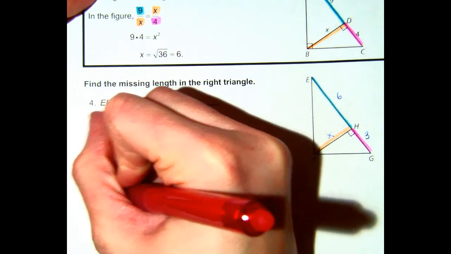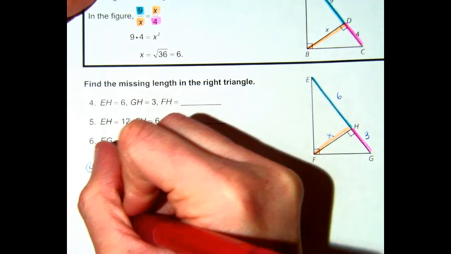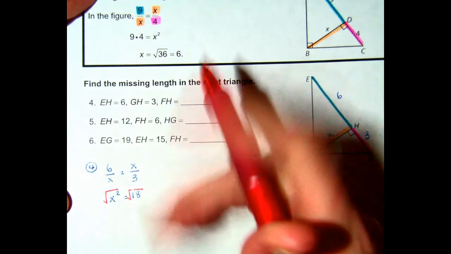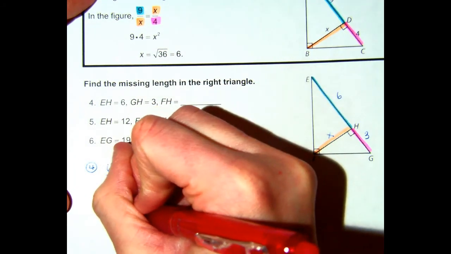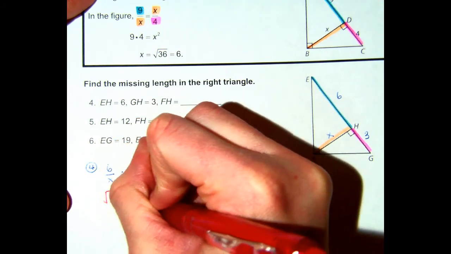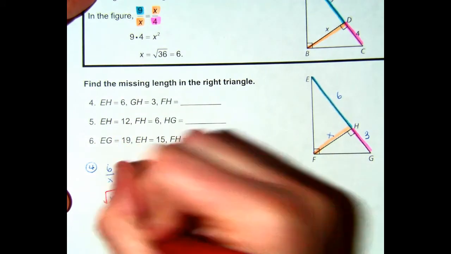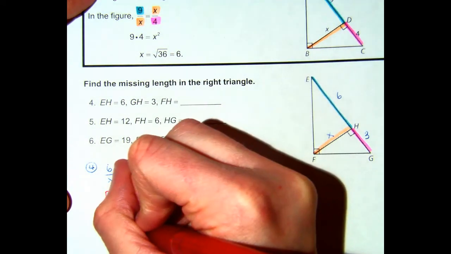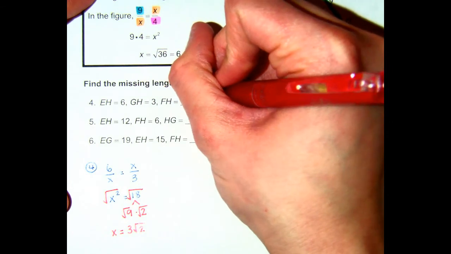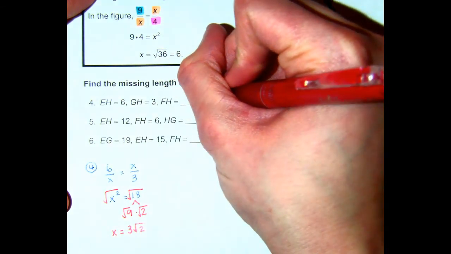No, so I'm going to have to find a factor of 18 that is a perfect square. 9 times what? What is the square root of 9? So my answer to number 4 is 3 square root of 2.